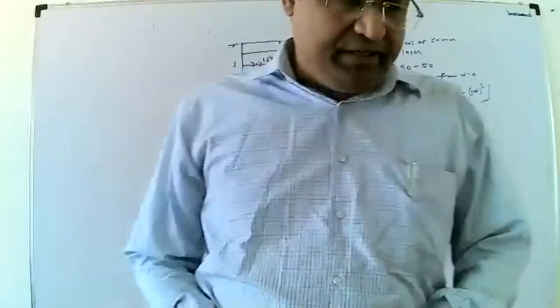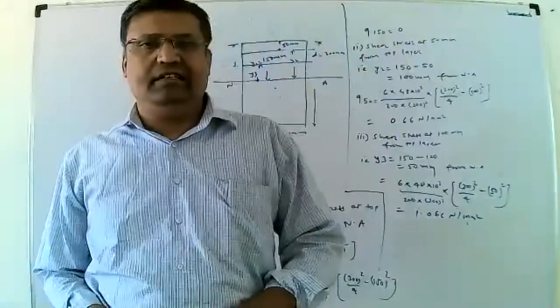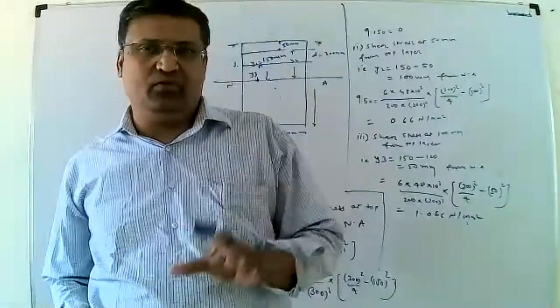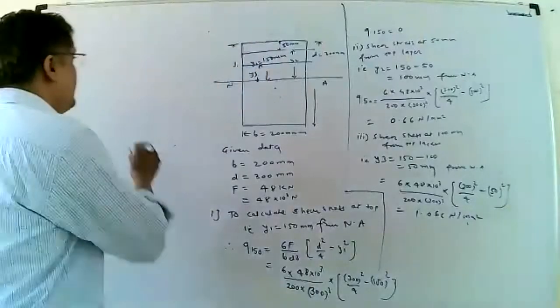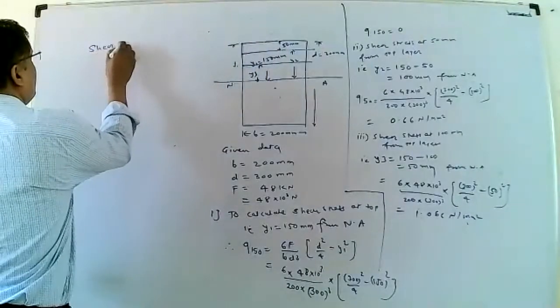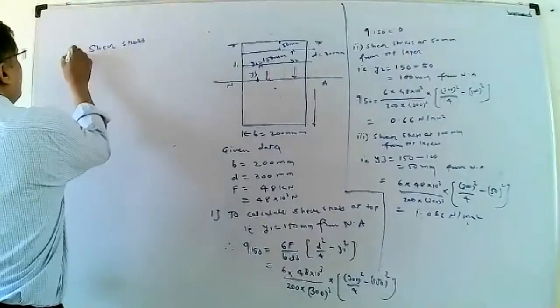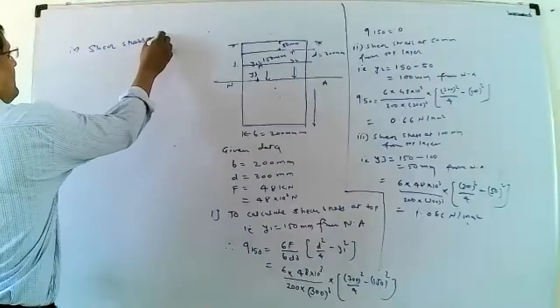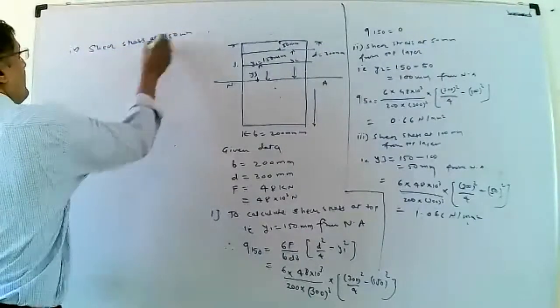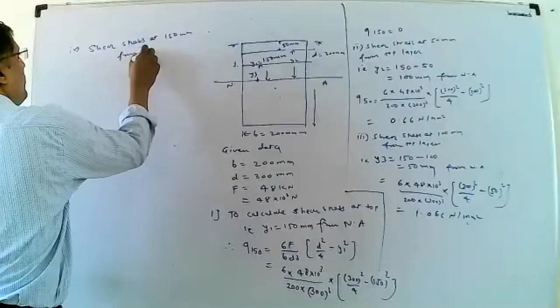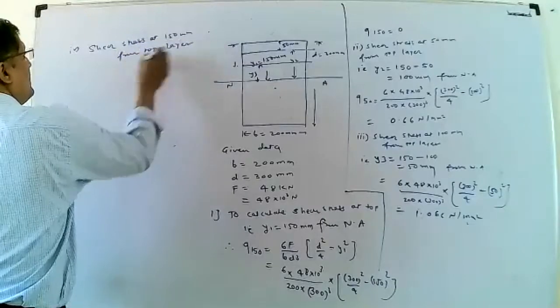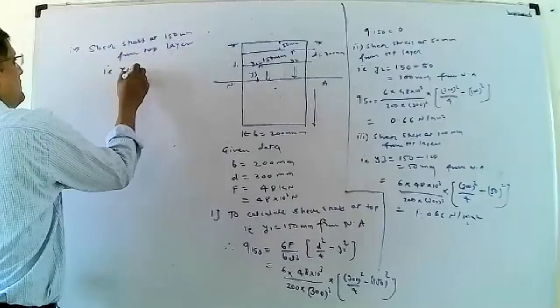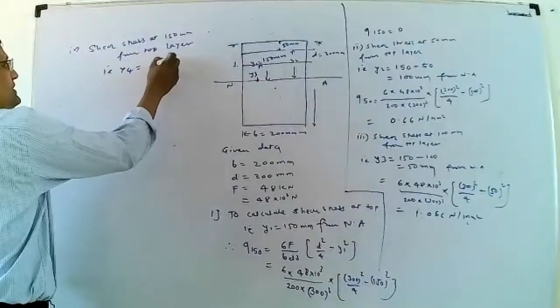Here that value is already calculated. That distance is considered from the top layer. That will be the shear stress at 150 mm from the top layer. That is y4, which will be equal to 150.